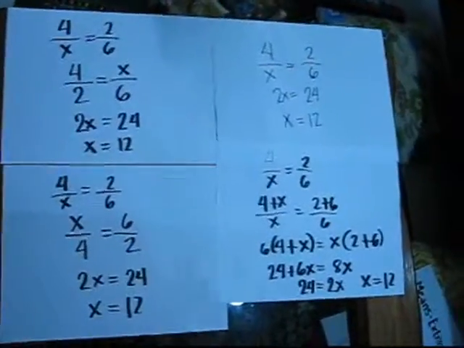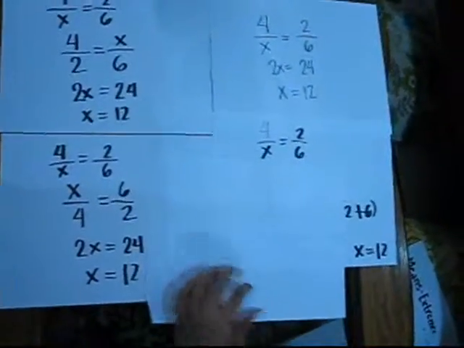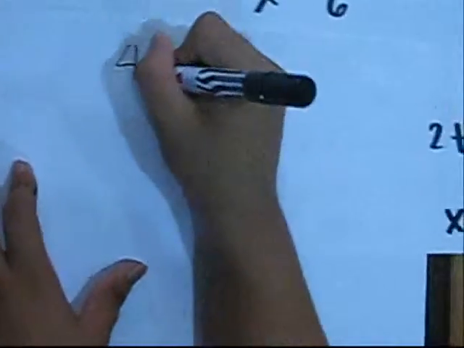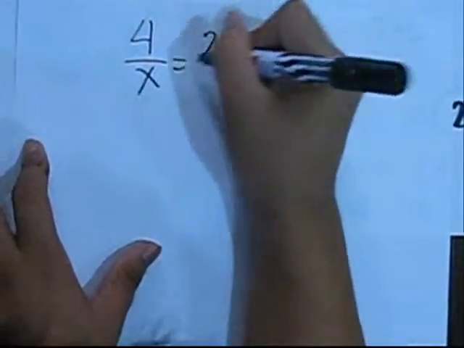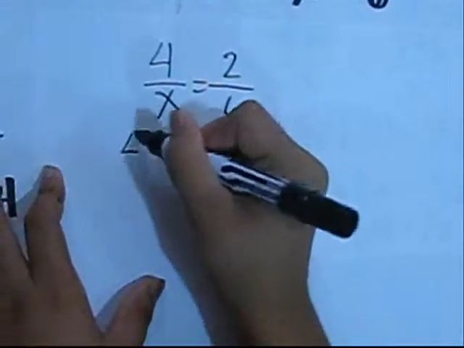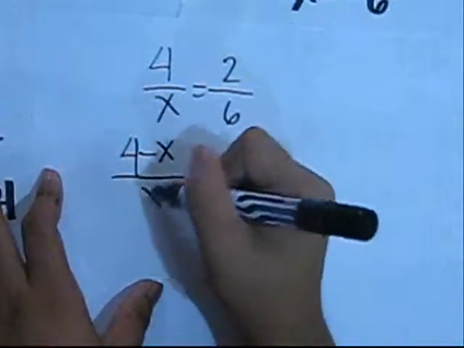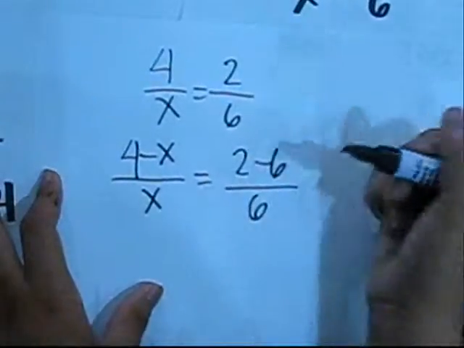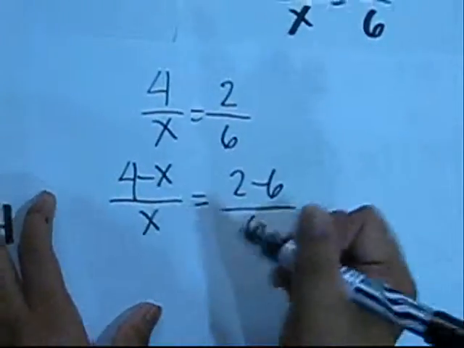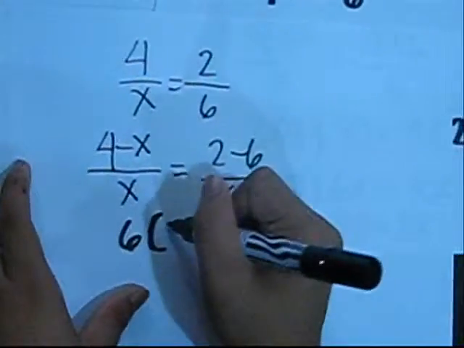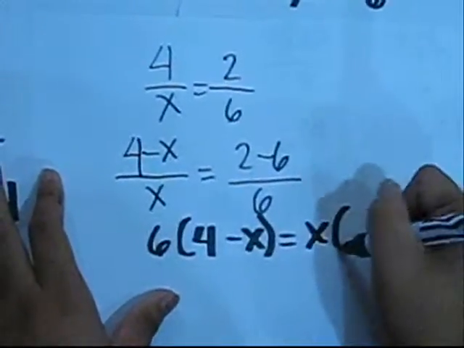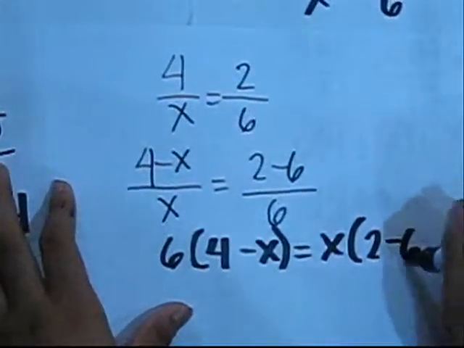The fifth method we're going to use now is the denominator subtraction law of proportions. We have 4 over x equals 2 over 6. So 4 minus x all over x equals 2 minus 6 all over 6. Cross multiply again. So we have 6 times 4 minus x equals x times 2 minus 6.